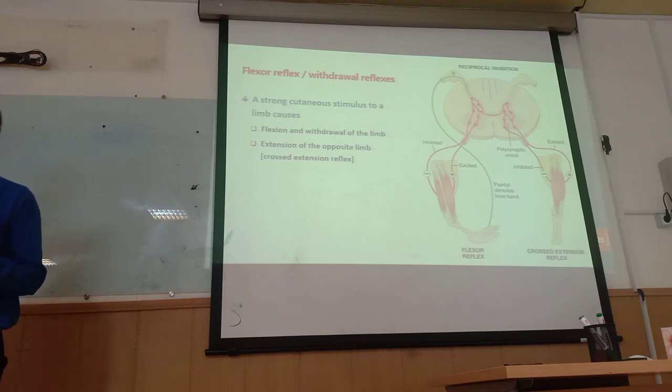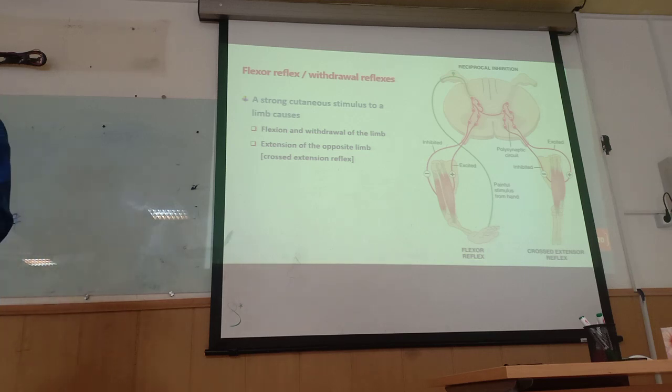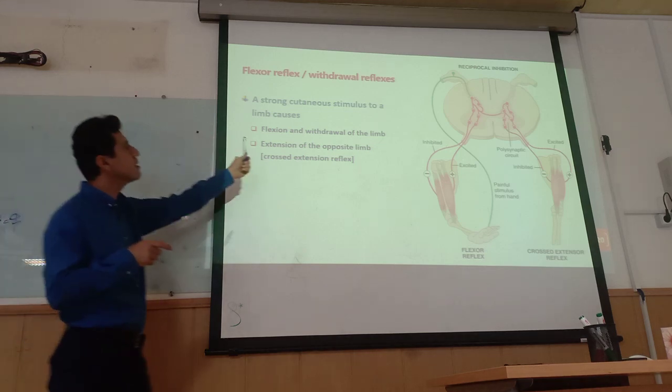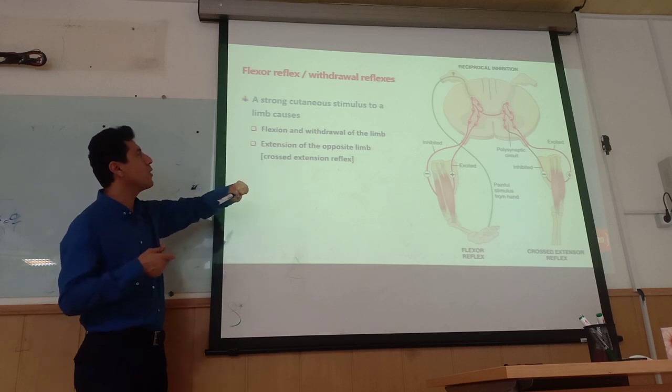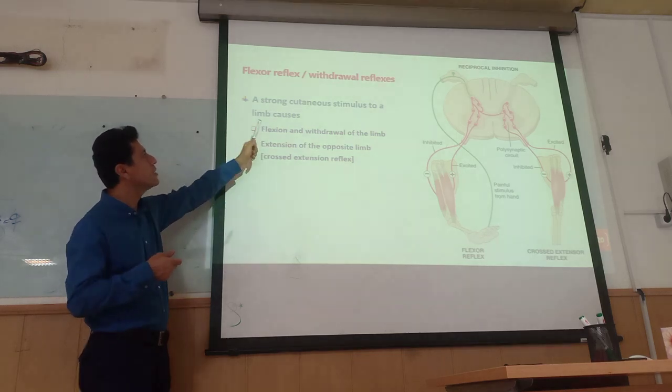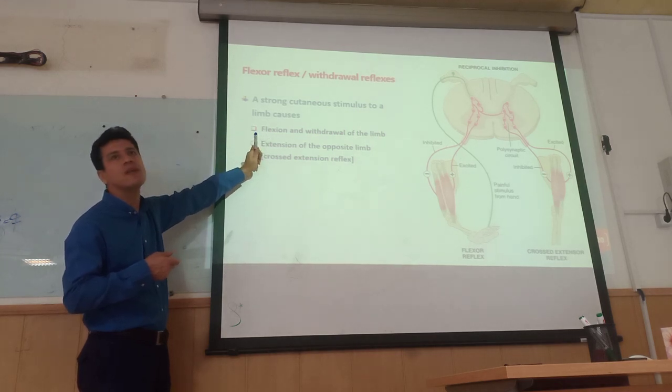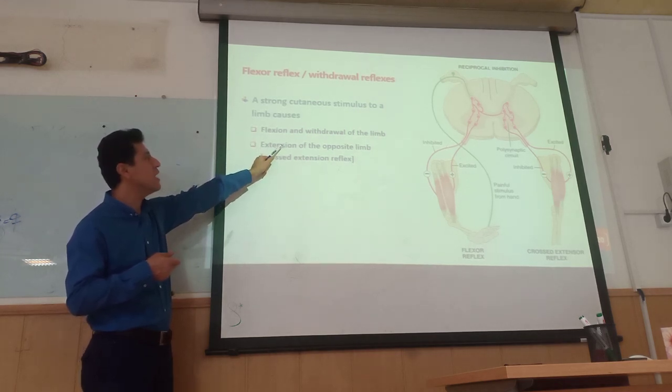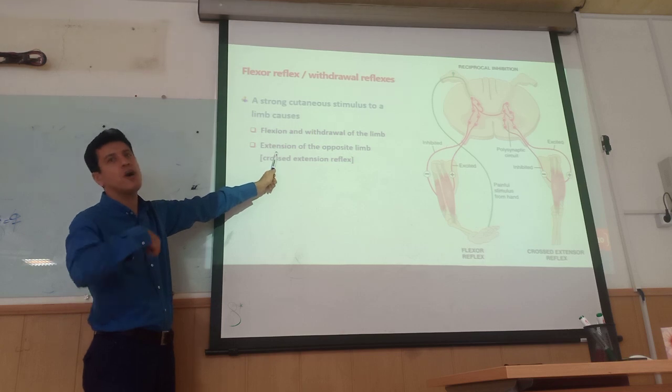Sometimes we call this the flexor reflex because you need contraction of the flexors. Flexors are contracted, so the limb gets away from the painful object, right? So flexor reflex is another name for withdrawal reflex. A strong cutaneous stimulation to the limb causes flexion and withdrawal of the limb, and extension of the opposite limb.